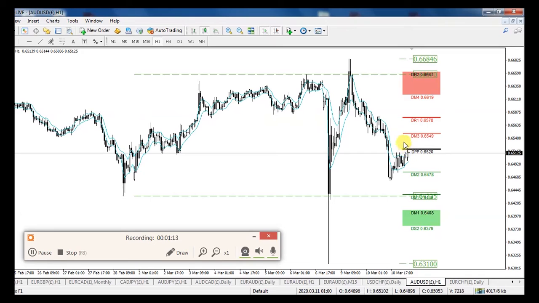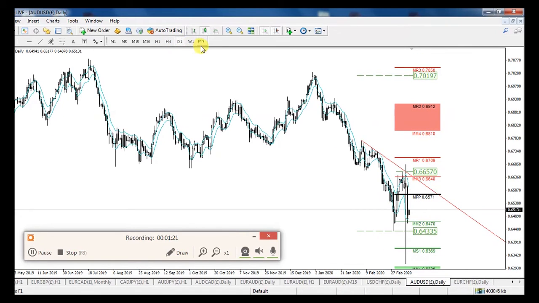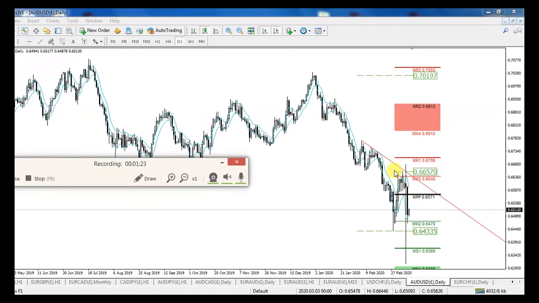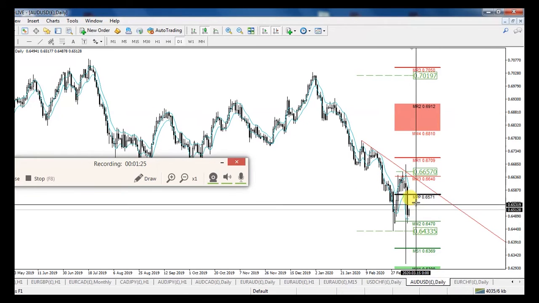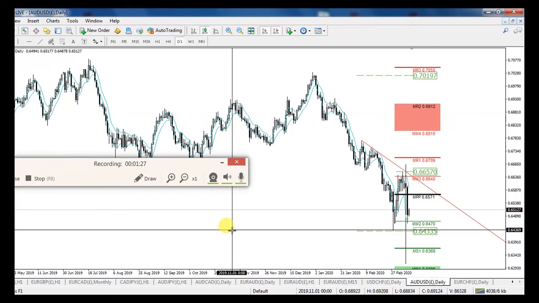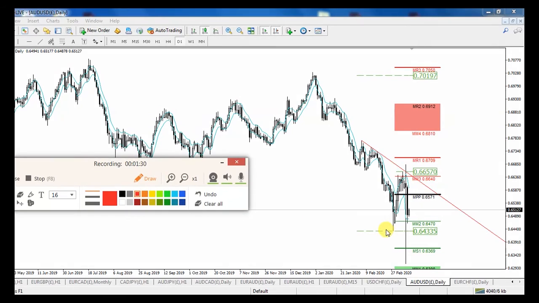I'm waiting for the price to push a little bit higher, and hopefully I will get a setup towards the short side. As for targets, I'm expecting the price to come down and take out at least this spike low down here.